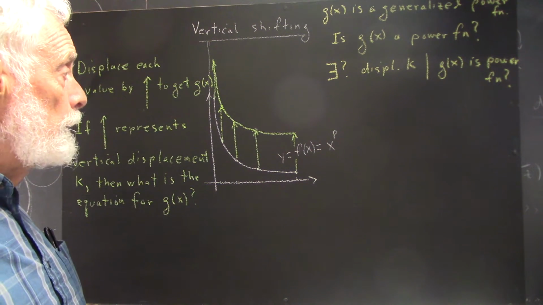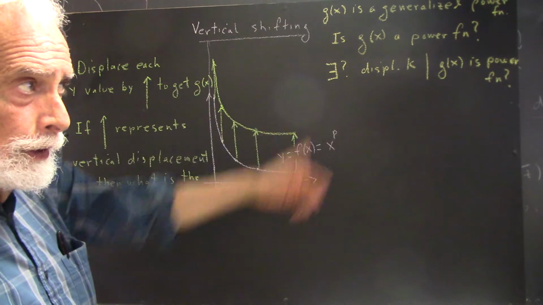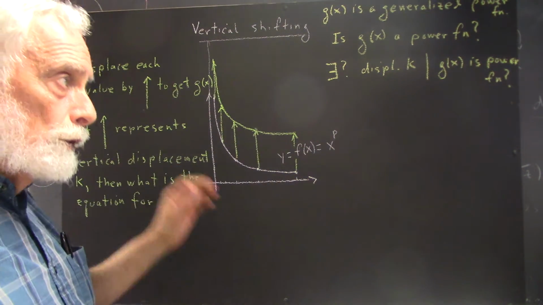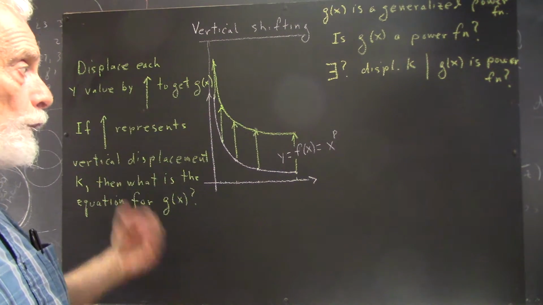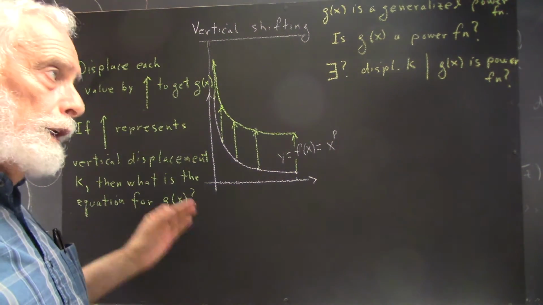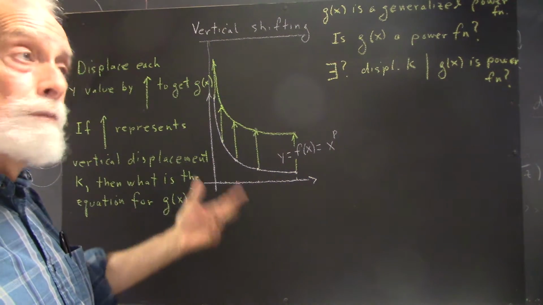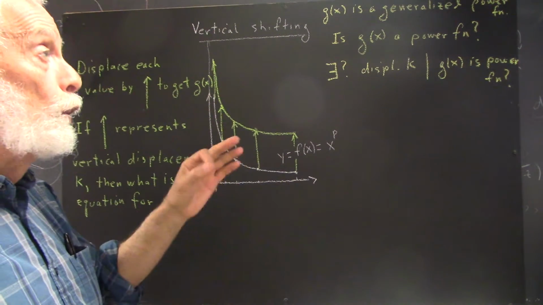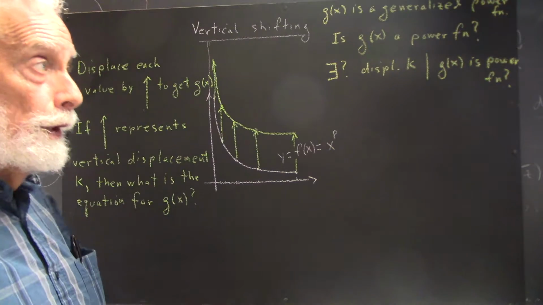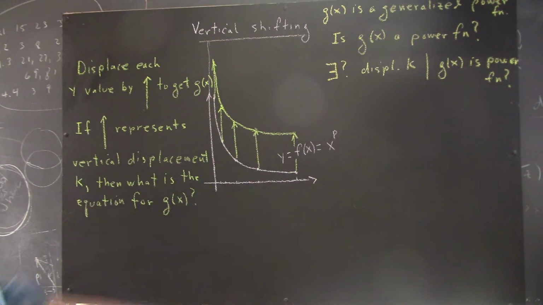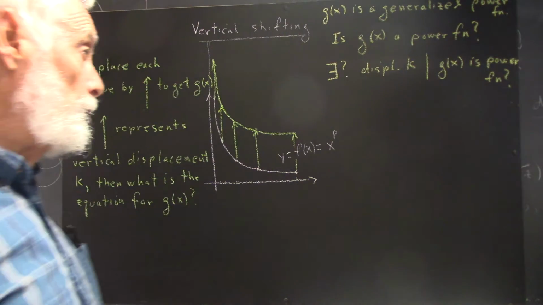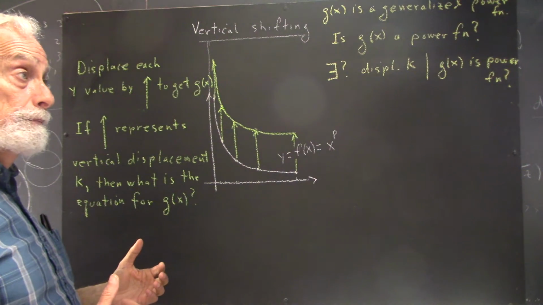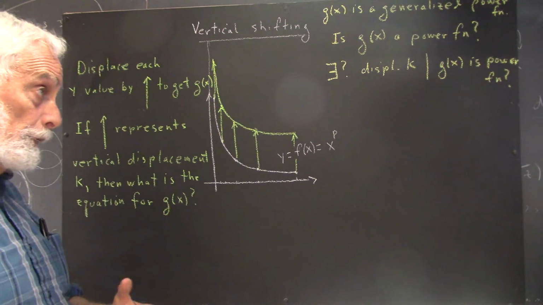Well, the criterion for a power function is that g of x would have to equal x to some power, not necessarily the same power, but maybe. Or alternatively, and the graphical test that's equivalent to saying this is that anytime x doubles, y has to change by the same factor. So you have a constant y factor associated with every doubling of x. So we can answer the question, is g of x a power function, based on that geometrical equivalence, that geometrical definition of a power function.